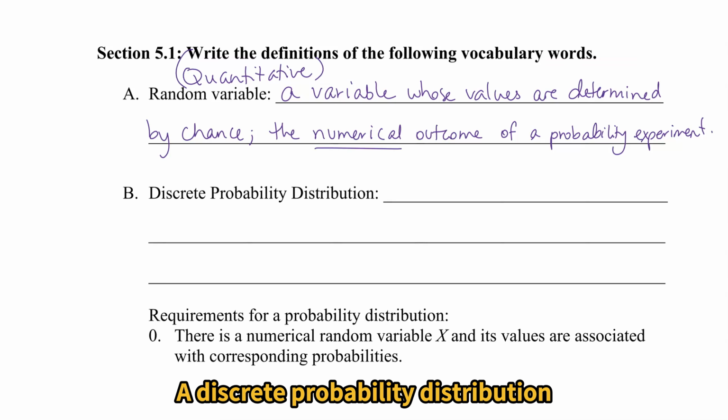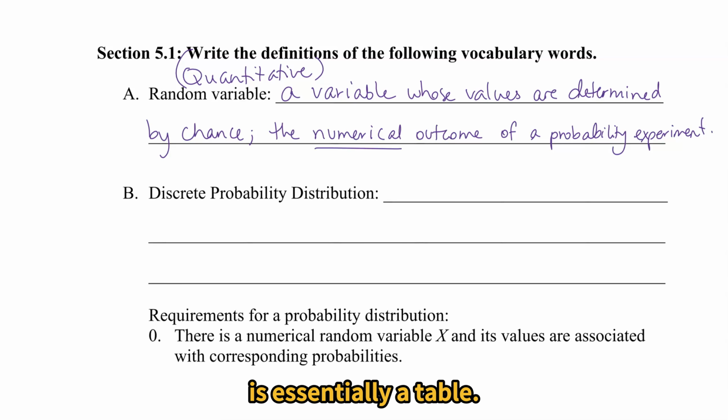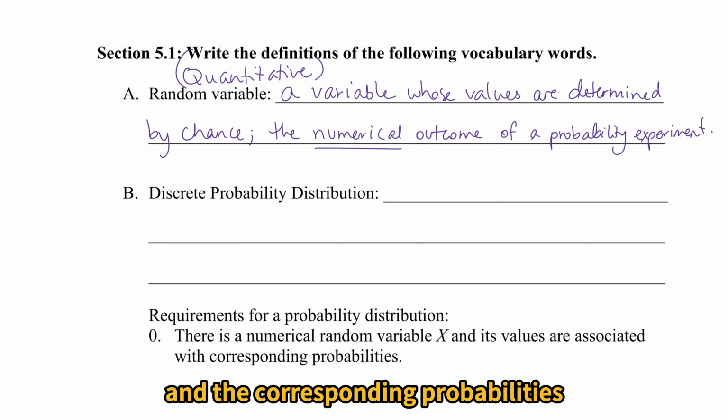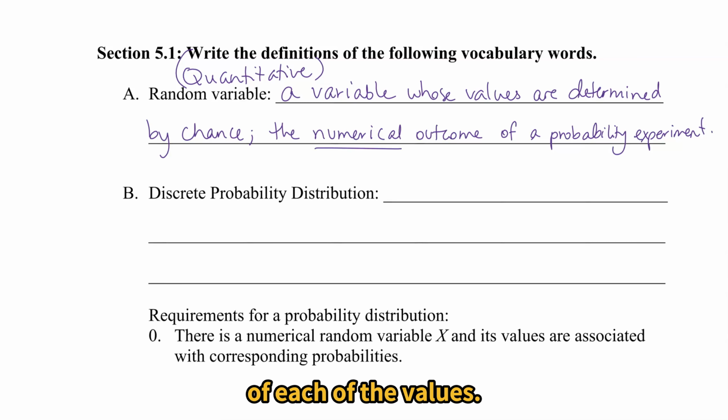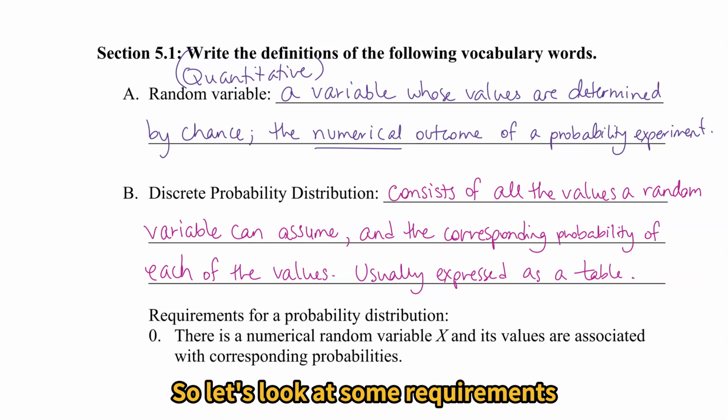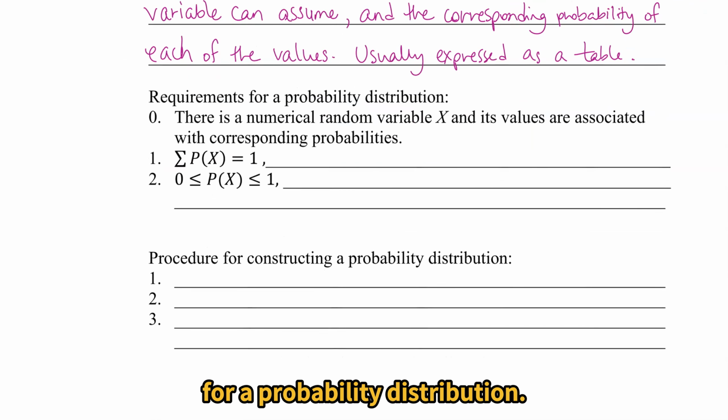A discrete probability distribution is essentially a table. It's usually expressed as a table that consists of all of the values that a random variable can assume and the corresponding probabilities of each of the values. So let's look at some requirements for a probability distribution.